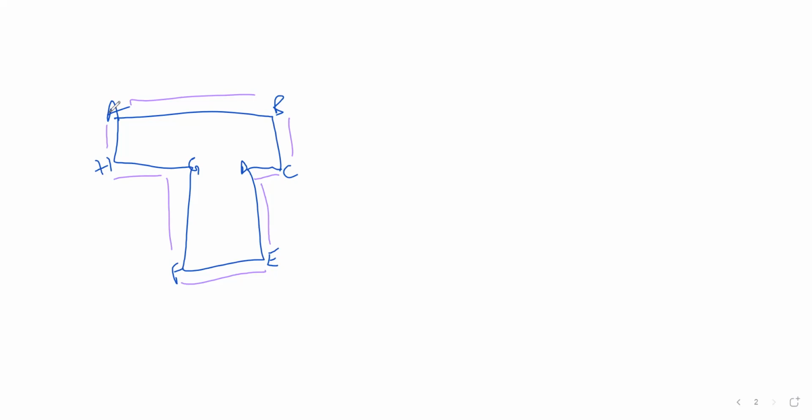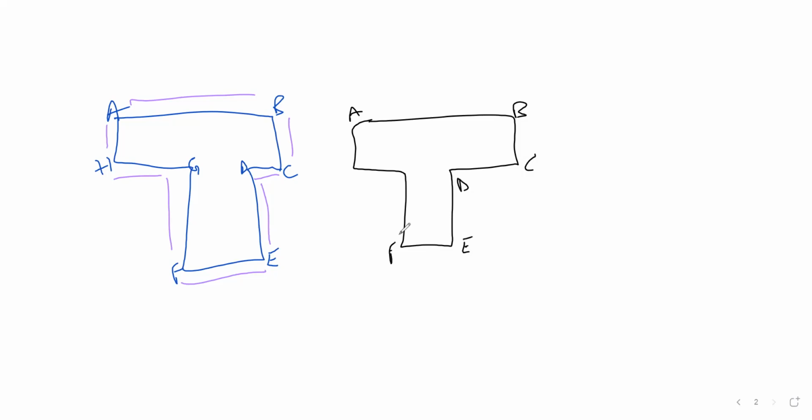And if they give you any other figure, for example, find the perimeter of this T-like figure, again it is the same thing. A, B, C, D, E, F, G, H. These letters I am writing just to make the concept clear. So whenever they ask for the perimeter of this type of figure, just add AB plus BC plus CD plus DE plus EF plus FG plus GH plus HA.